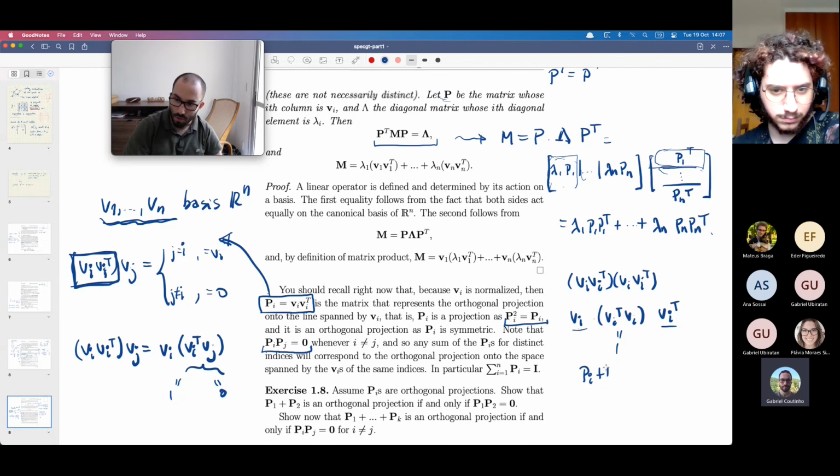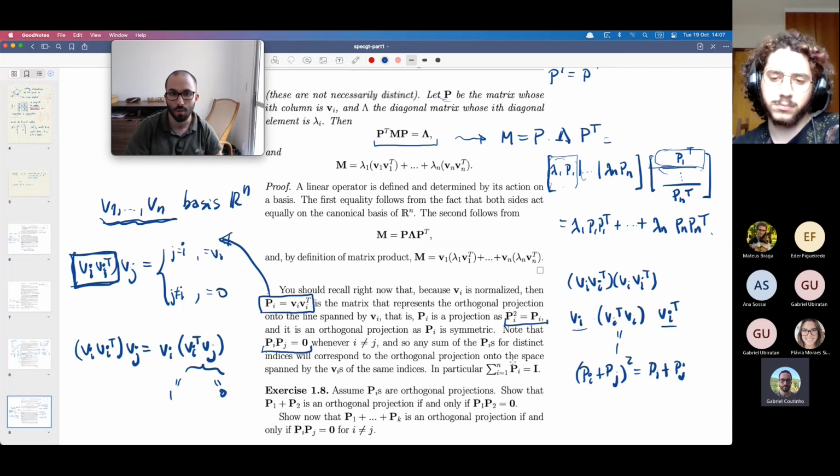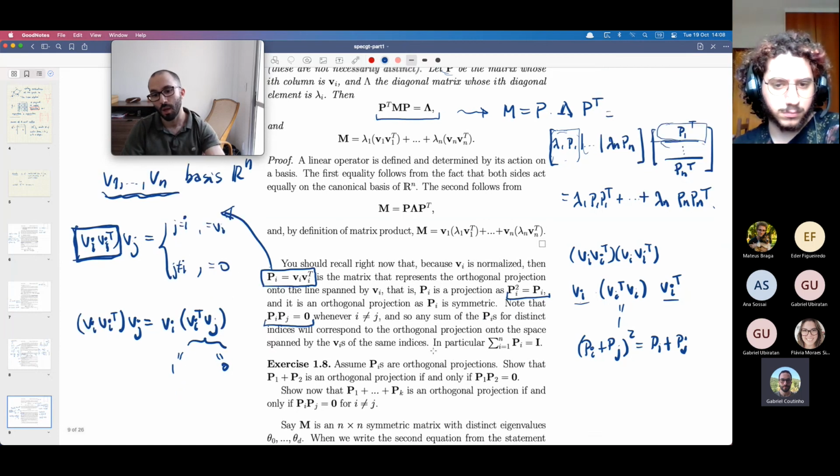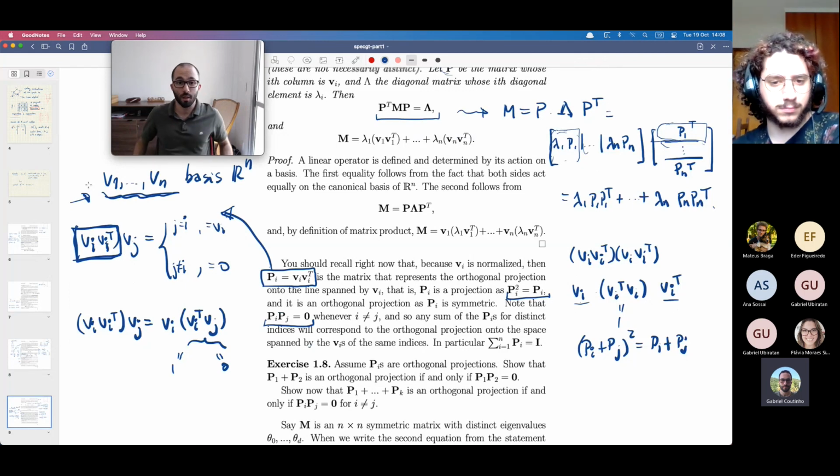It's not difficult to see that (Pi plus Pj) squared is equal to Pi plus Pj, and that these matrices are symmetric and so on. Right, so everything is working as we would like, in particular because this forms a basis for Rn. The sum of the projections onto this basis, because these are all orthogonal projections, is the projection of Rn onto itself, which is the identity matrix. So this is true.